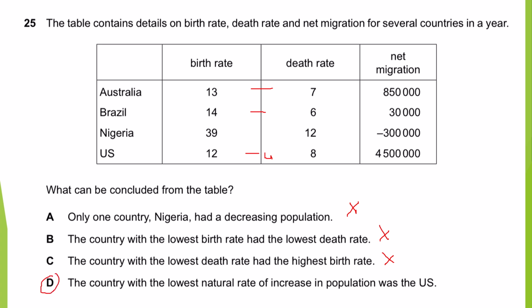Natural rate of increase means we need to find the difference between the birth rate, which is 12, and the death rate. And this net migration is artificial, and we are talking about the natural rate of increase in population, and that is the lowest one over here, which is just 4. So yes, D is the correct answer for this MCQ.